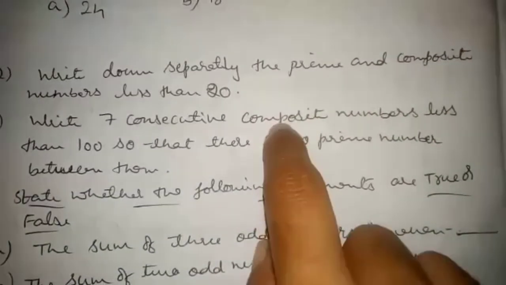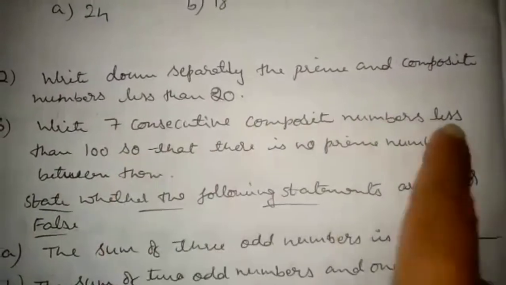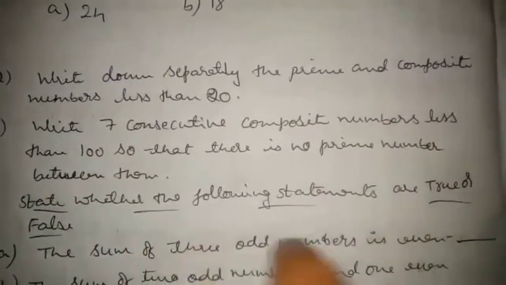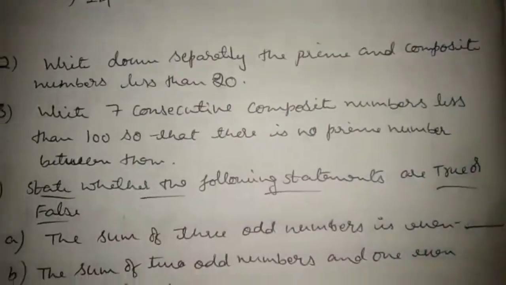So you have to find 7 continuous composite numbers less than 100. It should be continuous, and there should be no prime numbers. You have to find such numbers.